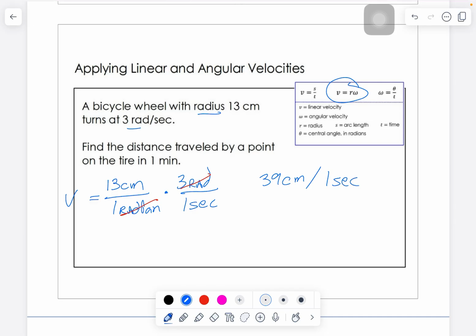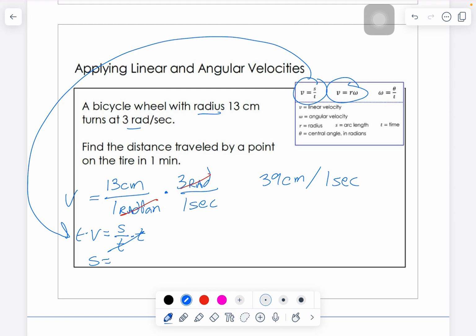Now, to get the actual distance it travels, I'm going to use this formula, but I'm going to manipulate it a little bit. I'm going to get S by itself. S is my arc length. So S is actually a distance, and I'm going to take that V times that T. Now, my velocity from before was 39 centimeters per second, but my time's in minutes.